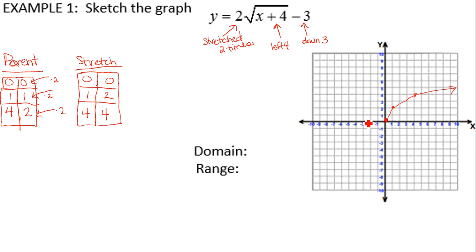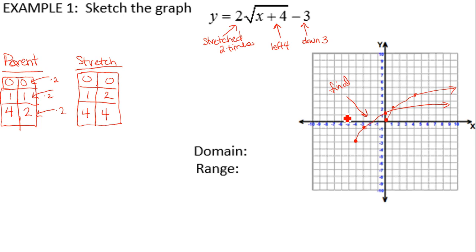Left 4, down 3. 1, 2, 3. Here's his new location. Left 4, 1, 2, 3, 4, down 3. 1, 2, 3. New location. Left 4, 1, 2, 3, 4, down 3. 1, 2, 3. And there's the new location. So each point on that stretch graph moved to this new spot, making this graph right here my final answer.